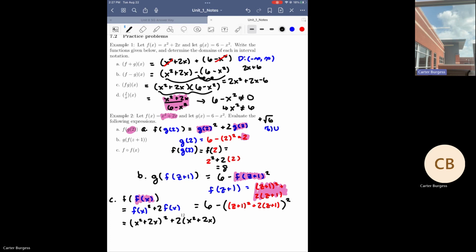Realistically, that was maybe a little bit generous. But keep in mind, if you are talking about an interval over which something is increasing or positive or negative or decreasing, generally speaking, those intervals refer to X values.